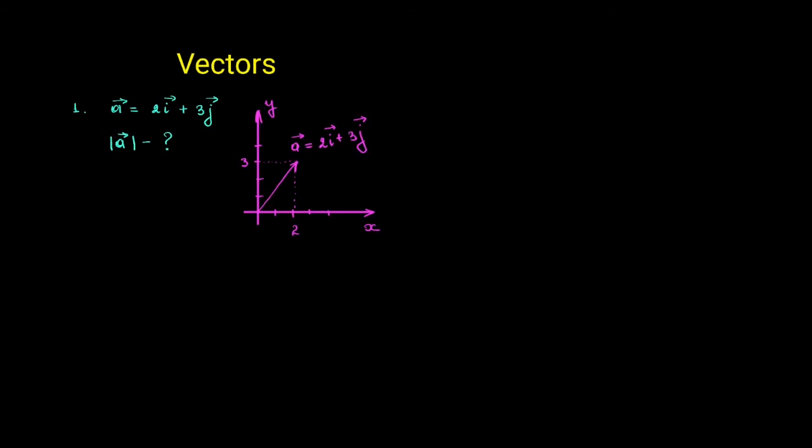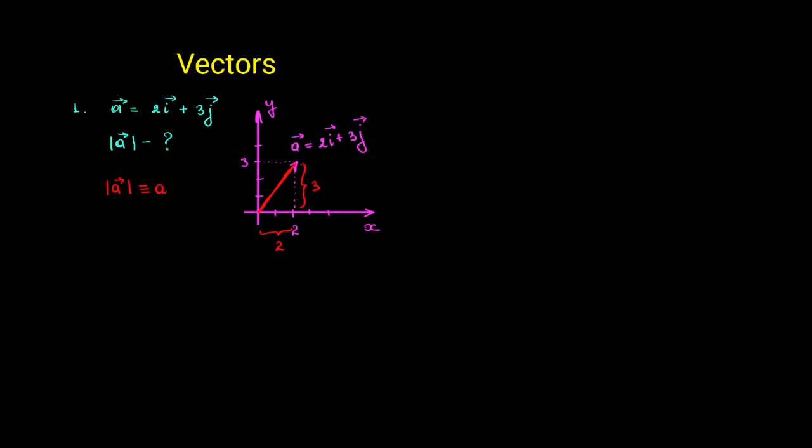To find the magnitude of the vector, graphically we need to find the length of this arrow, right? So we are given this side which is equal to 2 and this side which is equal to 3. So using the Pythagoras theorem we can find the magnitude of a vector. First let's denote the magnitude of a vector as just a.